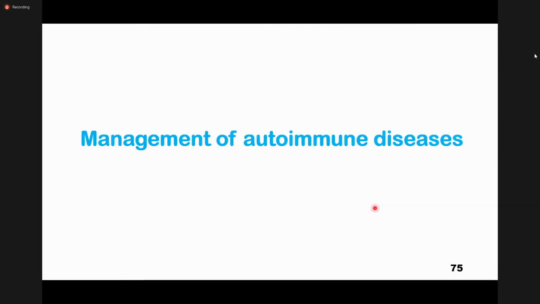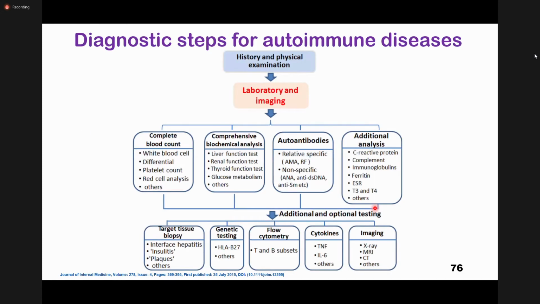So, the treatment measures of the autoimmune diseases. In this section, I would like to give you the different classifications or groups of the management of autoimmune diseases, okay. So before going to that, how are autoimmune diseases diagnosed, right?